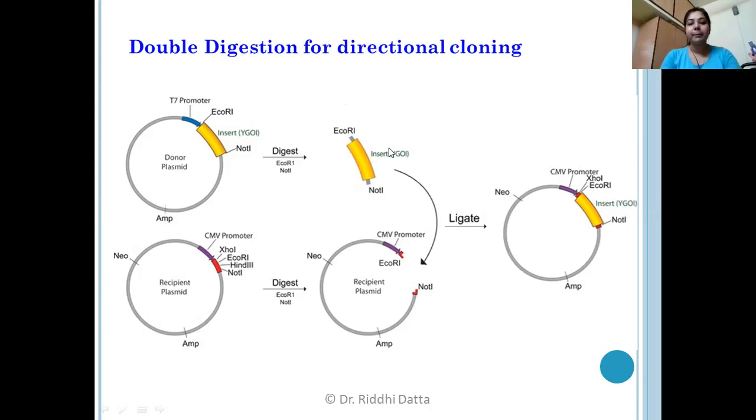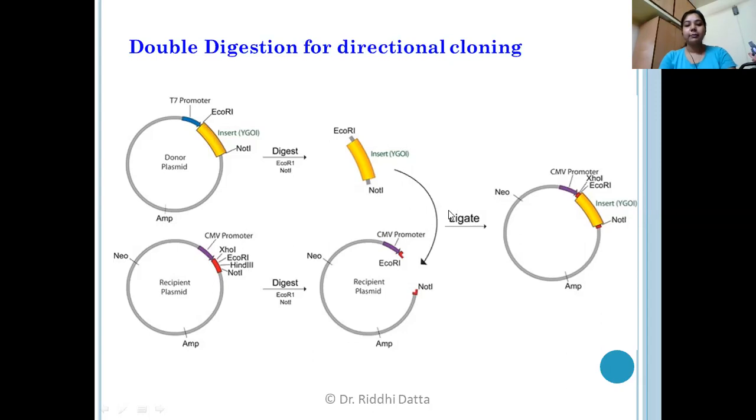Now please remember that if we select blunt end restriction sites at both the ends, there is always a chance to get self-ligated products, and also the directional nature will not be maintained. So the easiest way is to use two sticky end enzymes or one sticky end and one blunt end enzyme.